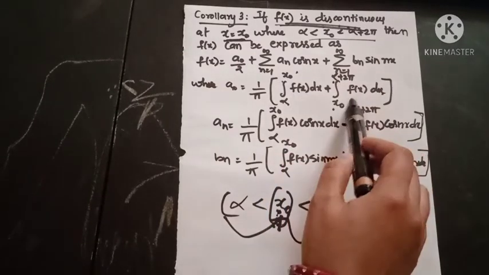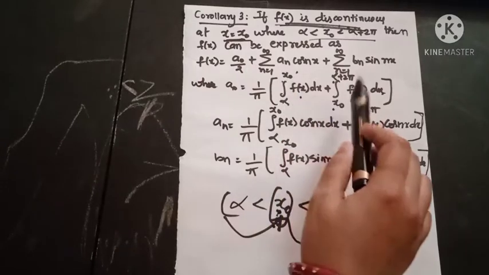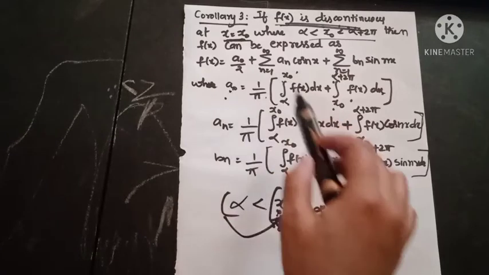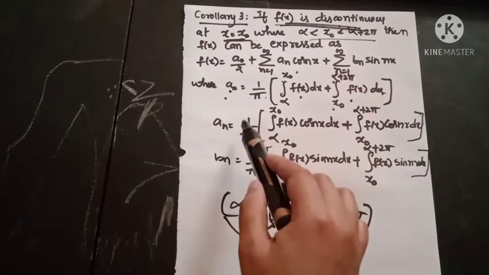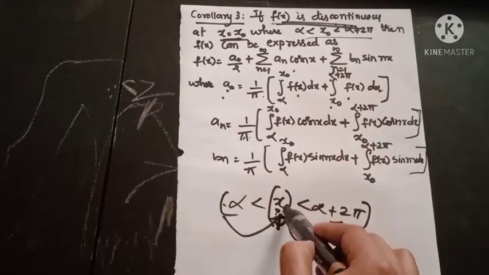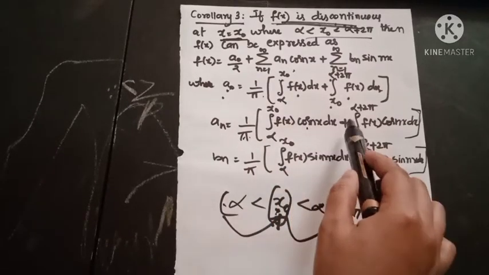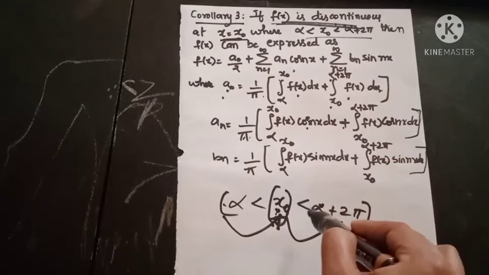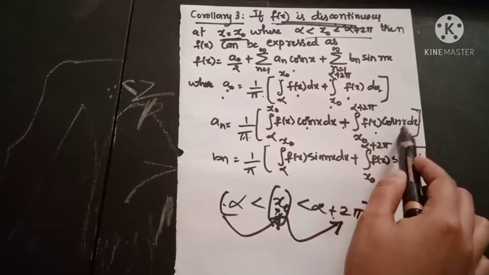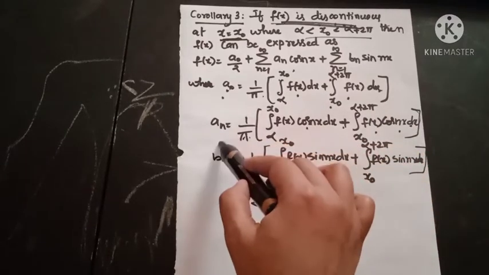So if you evaluate f of x within these limits, then you will get a naught, of course 1 over pi, the integral from alpha to x naught plus x naught to alpha plus 2 pi. Similarly, alpha to x naught f of x cos n x plus x naught to alpha plus 2 pi f of x cos n x, you will get the value of a n.